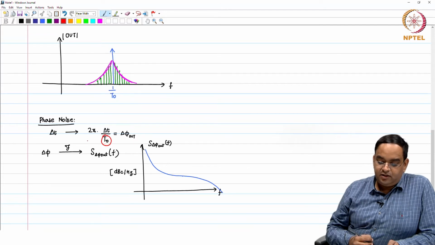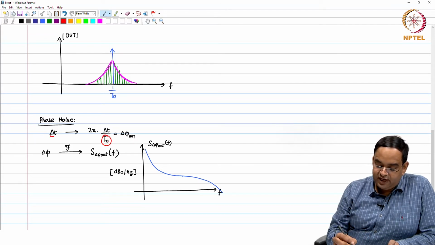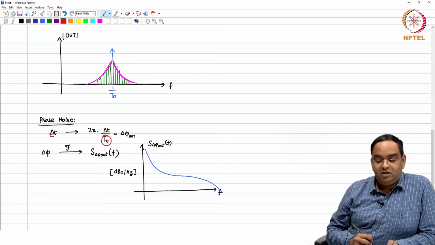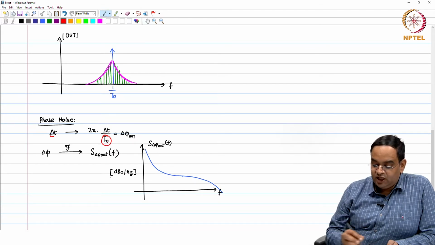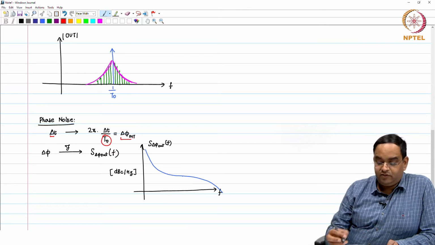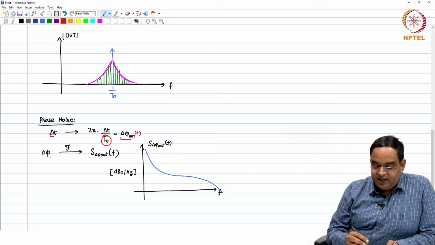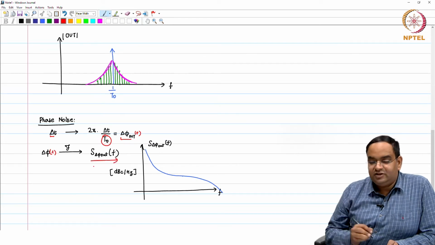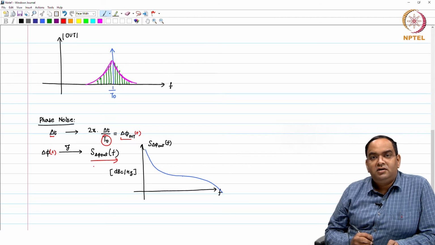So, right now I am defining phase noise with respect to the output clock, and with respect to that output clock, how is it calculated? You calculate delta phi out in the time domain, and then from delta phi of time you use a Fourier transform to get the frequency spectrum. Okay.